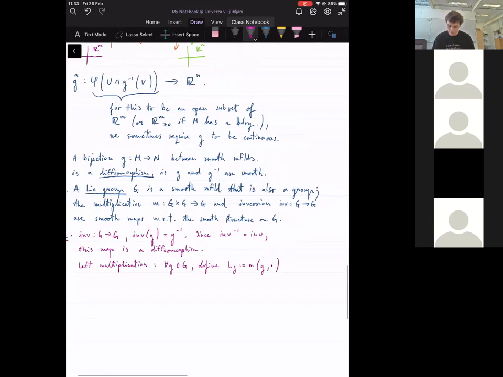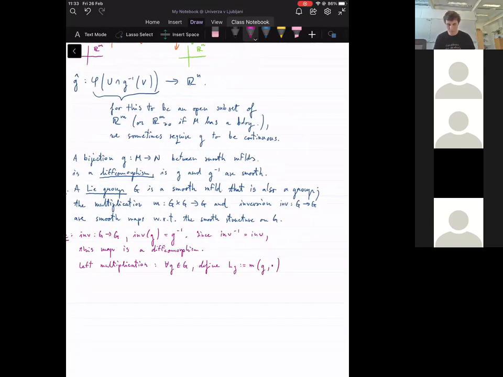Would you say that this map is a diffeomorphism? Yes, because the inverse is the composition with the inverse, which is also a smooth map.